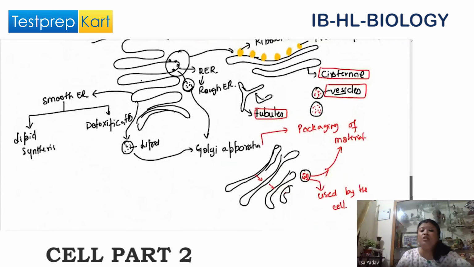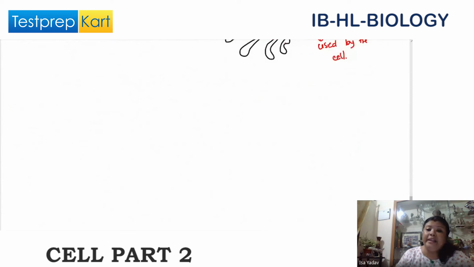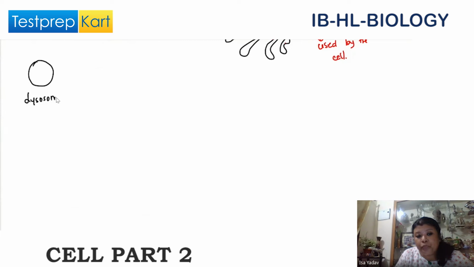All right. This is the Golgi apparatus and rough endoplasmic reticulum functioning. In the Golgi apparatus, another organelle will be formed. This organelle is a very typical organelle, called the lysosome.